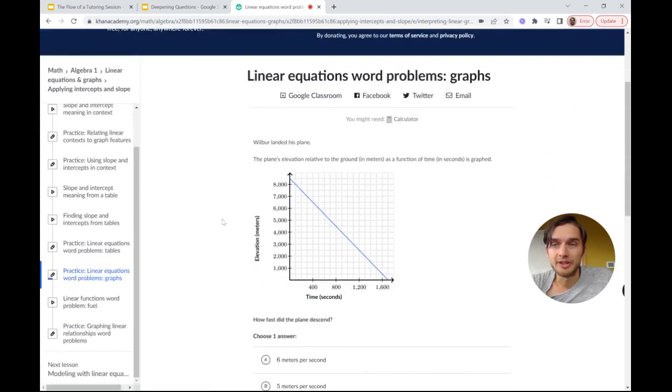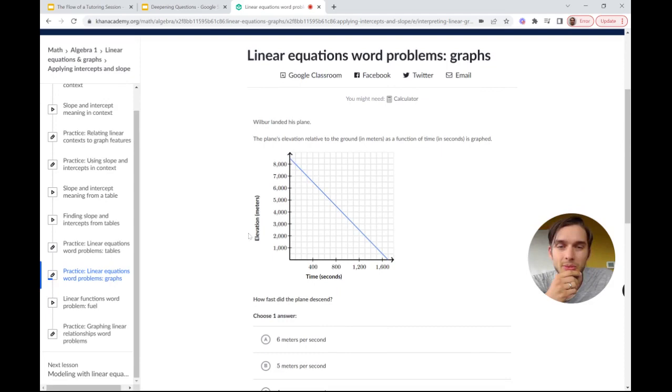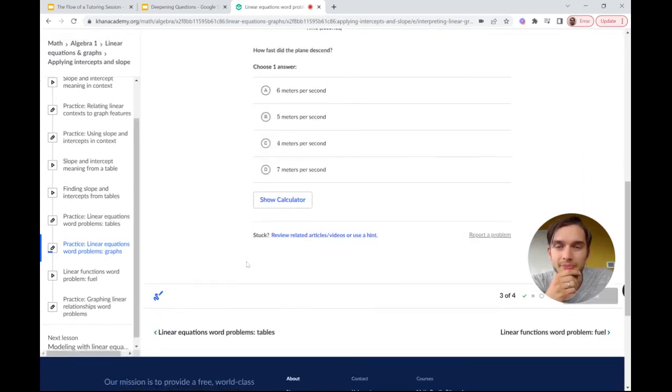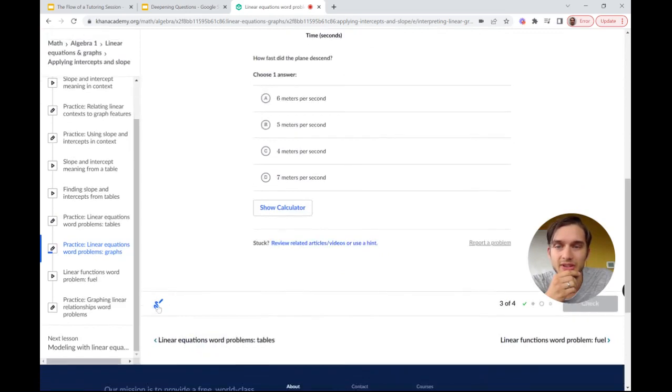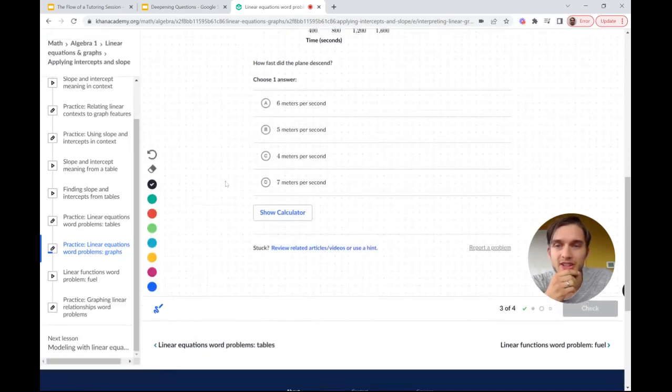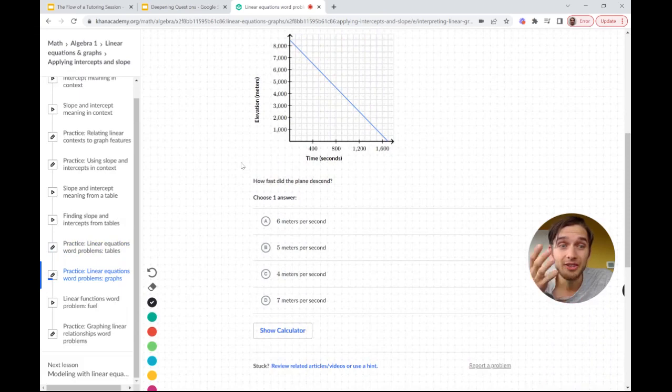For a lot of topics, they have all of their videos and such, but then they also have some practice. And the thing that I think is brilliant about Khan Academy's practice problems is that if you scroll to the bottom, there's this little button. If you click the button, it allows you to draw on the question.